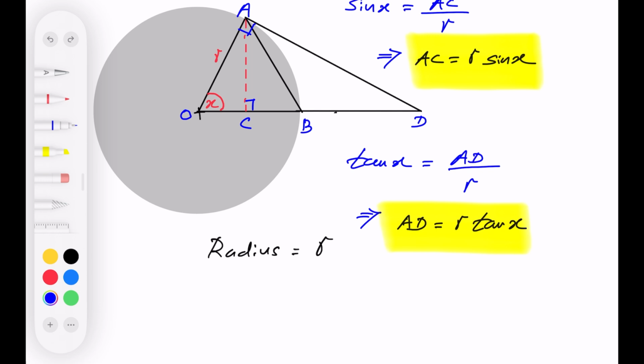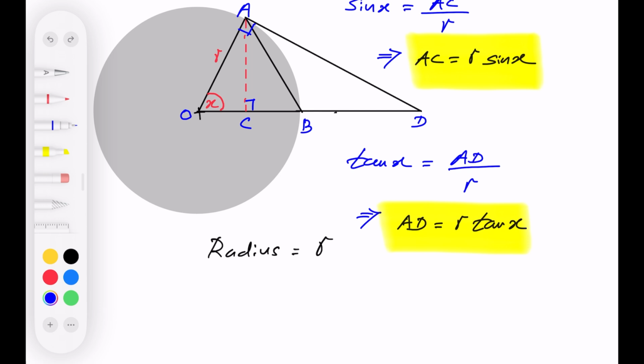The smallest area is for the triangle OAB, and the area of the sector OAB is larger than the area of the triangle OAB. And also, if you look at the area of the triangle OAD, that's going to be the largest.